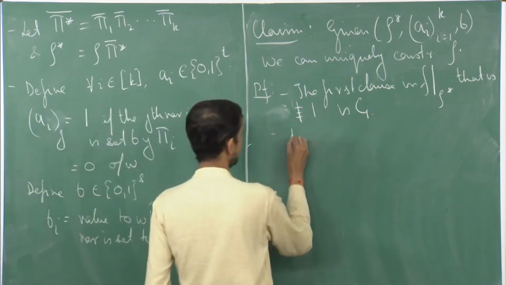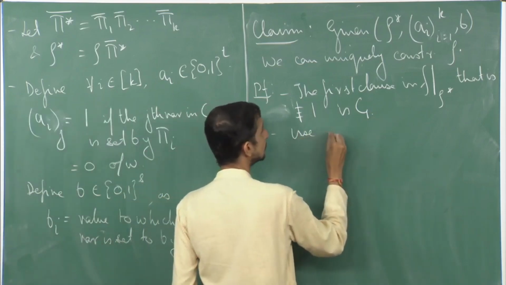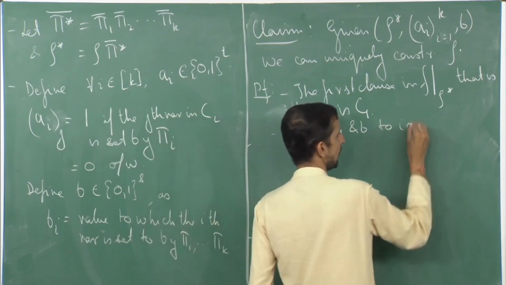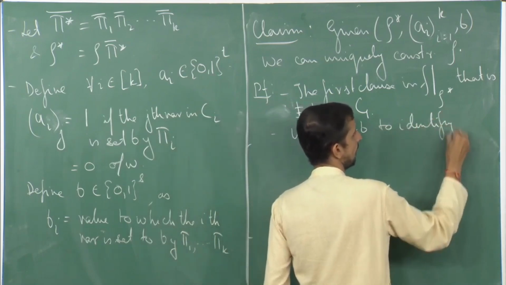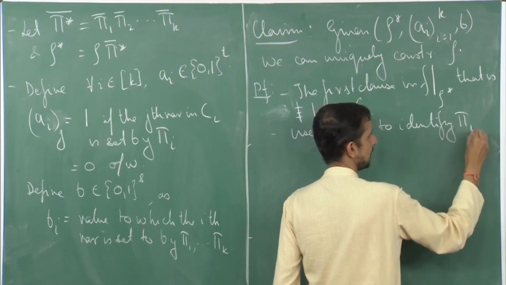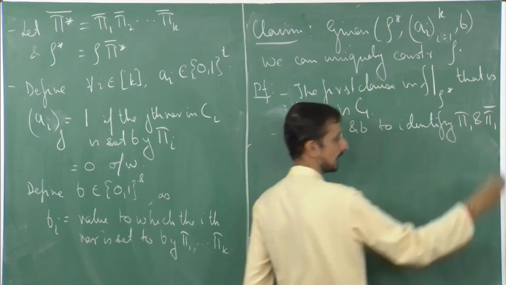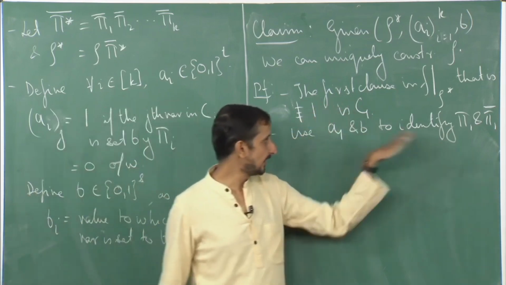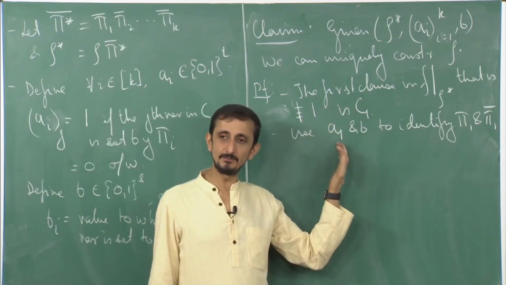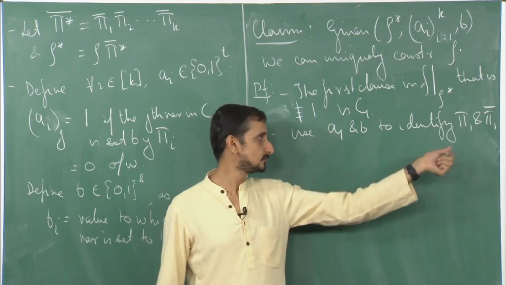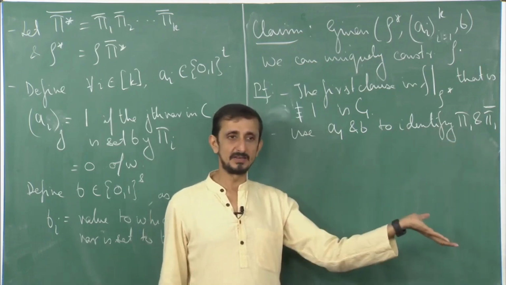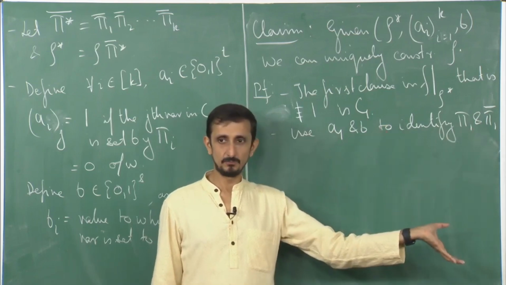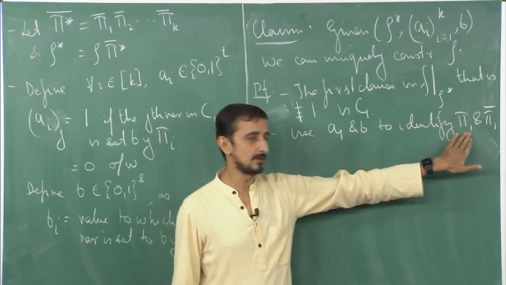Now, we use A1 and B to identify pi 1 and pi 1 bar. How do we get it? So, I have C1, I look at A1 first. A1 will tell me exactly which are the variables which were set by pi 1, I know what those variables are. B will tell me what are those values that they were set to. Okay. So, it now tells me what pi 1 is.